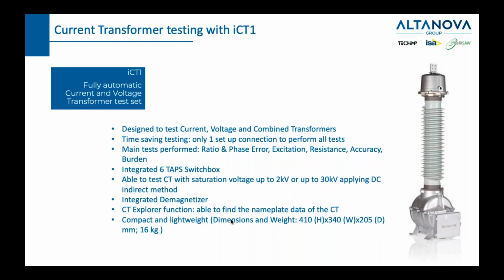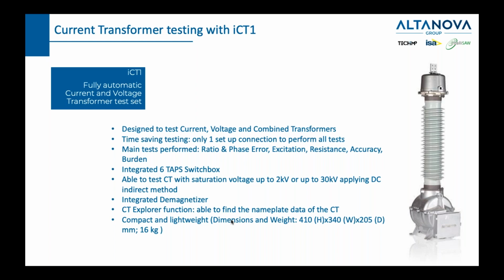The main tests which this device performs are ratio, ratio and phase error, excitation curve, or the knee point test or magnetization curve, winding resistance, accuracy, burden, and so on. We have an integrated 6-step switch box able to test CTs with saturation voltage up to 2 kilovolts, and up to 30 kilovolts applying the DC indirect method.